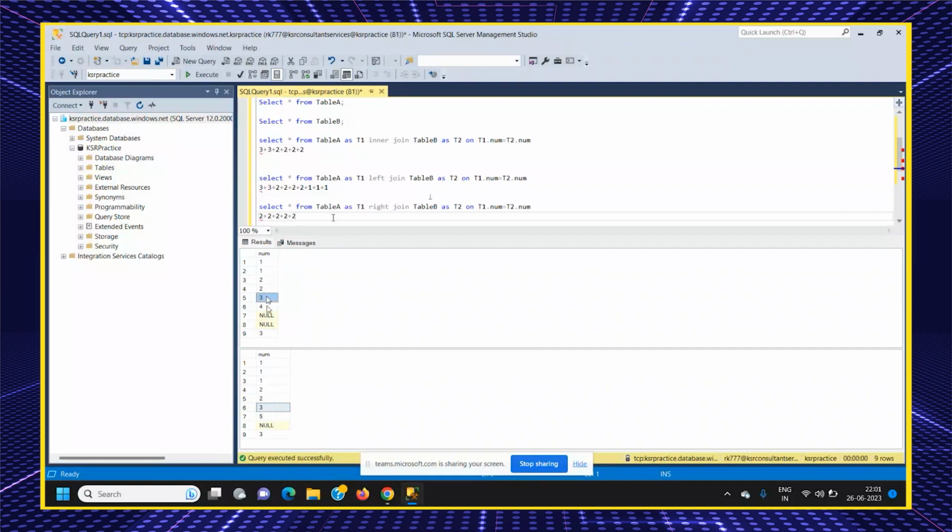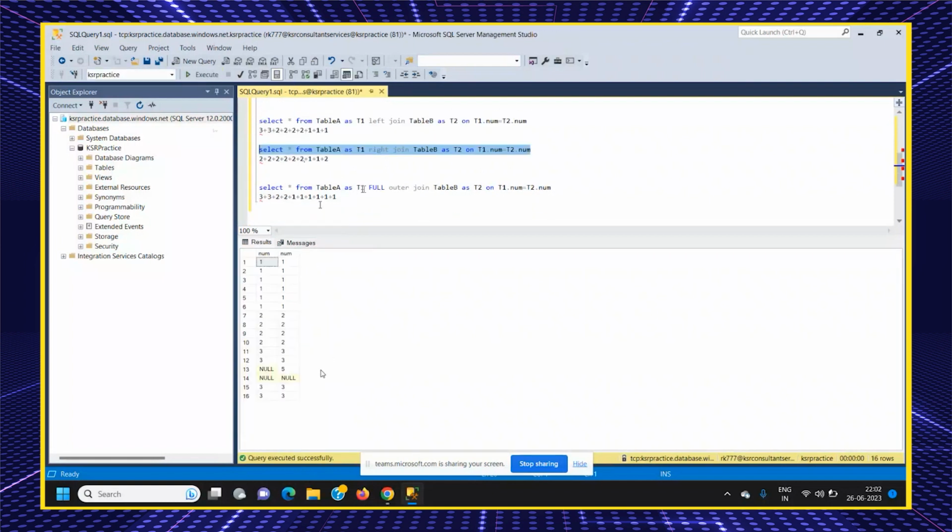This 3 has two matching records, 3 and 3, so plus 2. This 5, there isn't any 5 available, but it's a right join, so we assume it as one record. The null we would again assume as one record, which is part of the right join. And for this 3, we have two similar records, two threes available. So it would be 2 plus 2 is 4, plus 2 is 6, plus 2 is 8, plus 2 is 10, 12, 13, 14, 15 and 16. So in case of right join, 16 records come into picture.